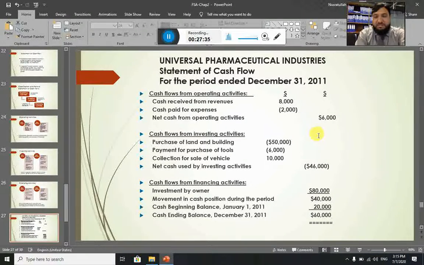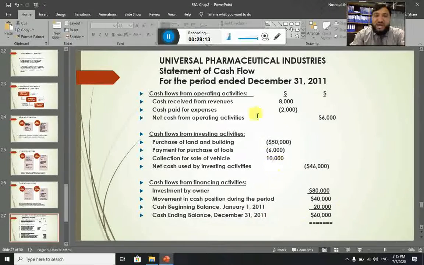Then cash ending: we add 6,000 plus minus 46,000 plus 80,000 plus 40,000 plus 20,000. When we add all of them, the result is 60,000. So the ending cash balance is 60,000, which is the opening balance for the next year, 2012.